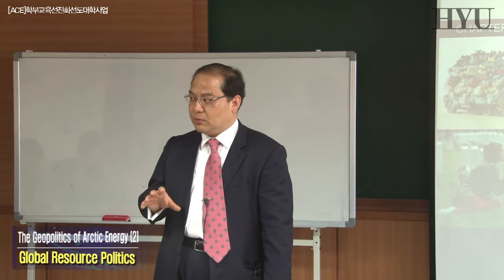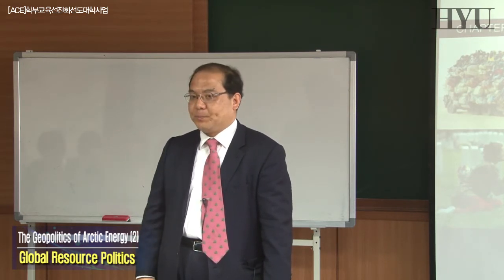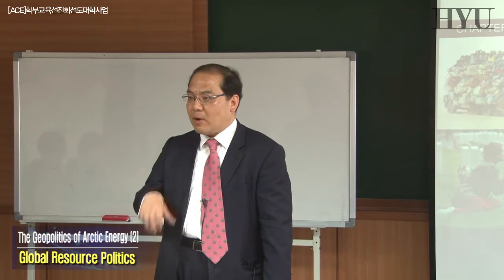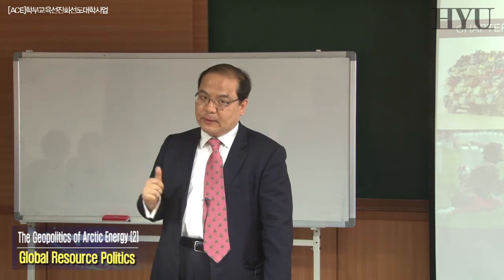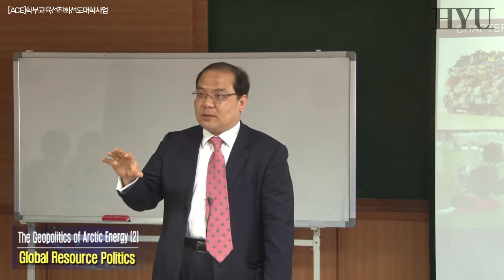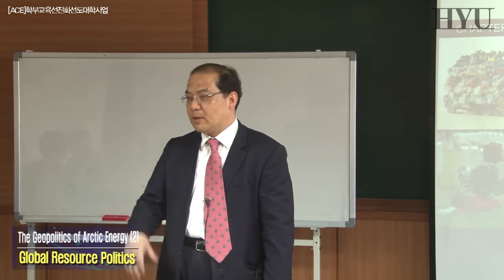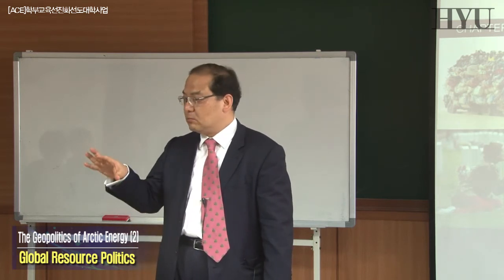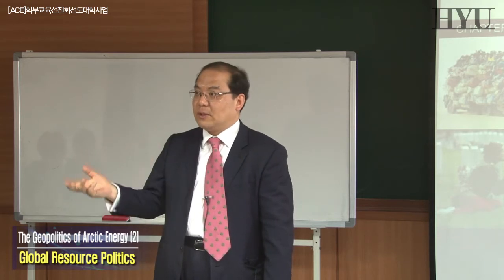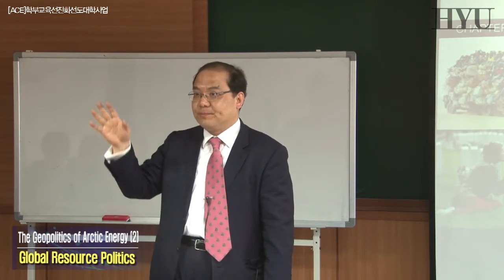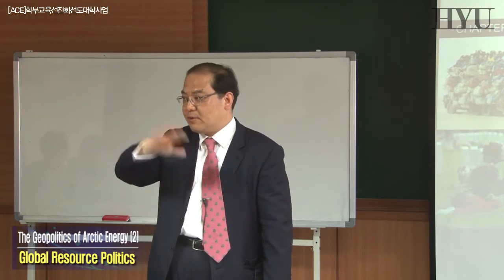So we need to examine this Russian naval strategy and weapons, submarines and all this, and the American counterpart, American weapons, American submarines and aircraft. The Arctic is a very good base for airborne operations, aircraft, submarines, and everything.